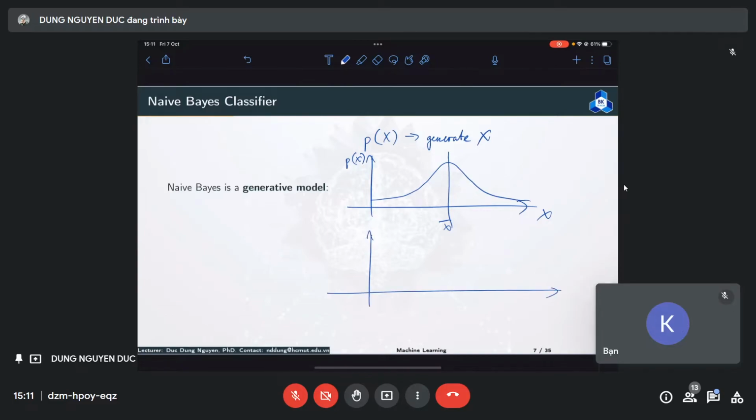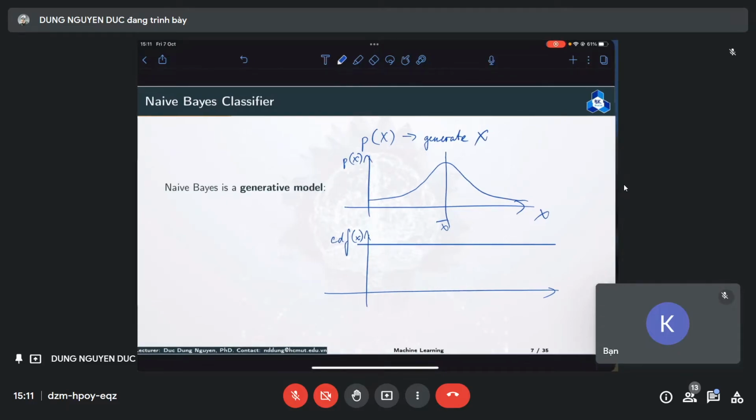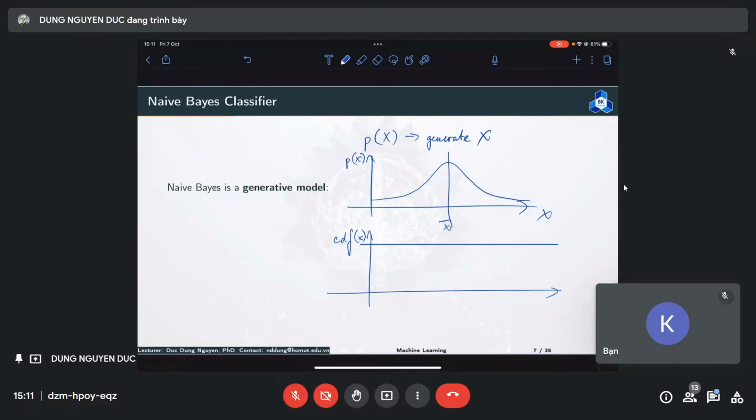How to do that? I can form the CDF of X. In case you don't know what a CDF is, you have to learn about probability one more time. But the CDF is the integral of the probability. So it goes from 0 all the way up, integrating like this.